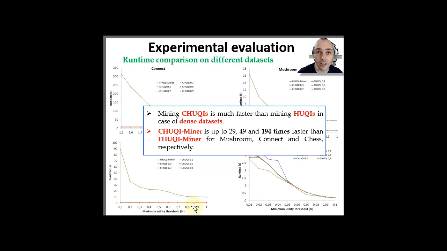And we find that here we have on top the previous best algorithm and then our algorithm. And our algorithm can be more than 30, 40 or almost more than 100 times faster, because we don't look at the weakly correlated item sets. So we can save a lot of time.